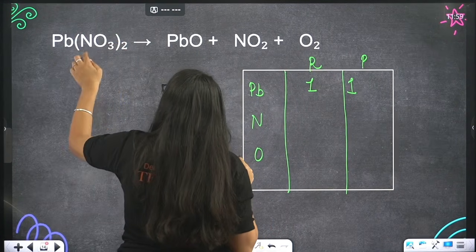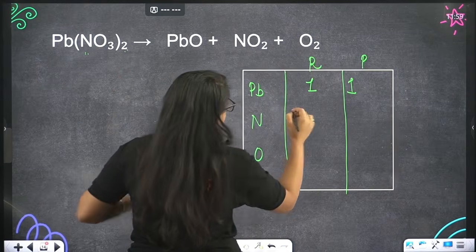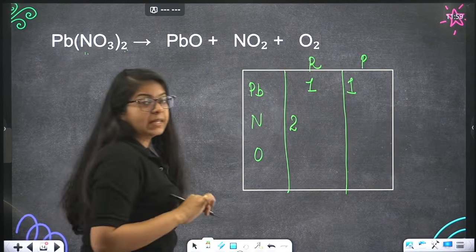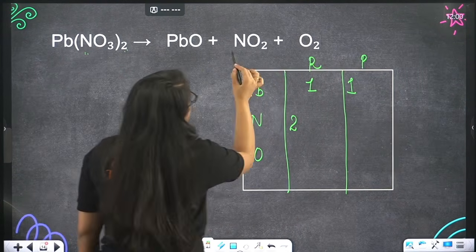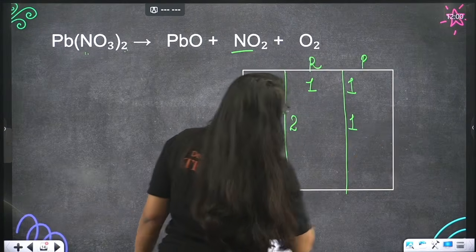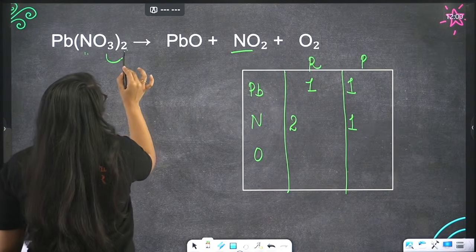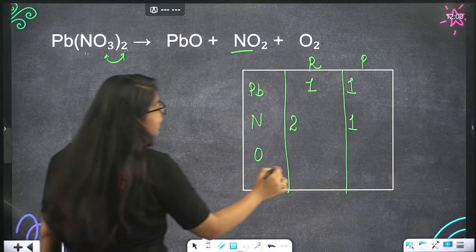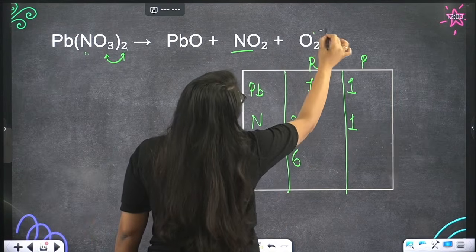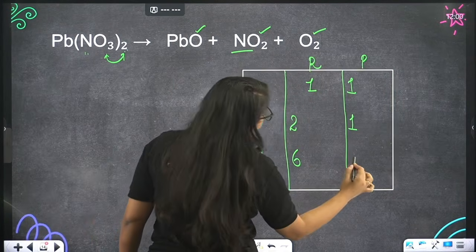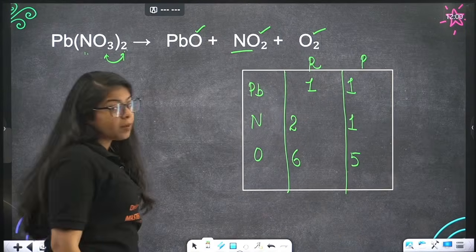So 2 nitrogens are there on the reactant side, and then beta only 1 nitrogen is there on the product side. Then we have 3 into 2, 6 oxygens on the reactant side, and 2 plus 2 plus 1, 5 oxygens on the product side.